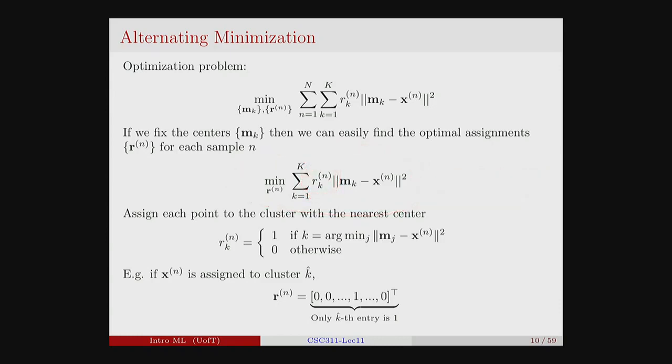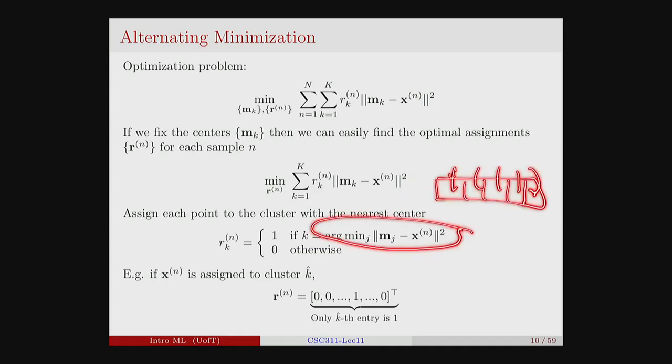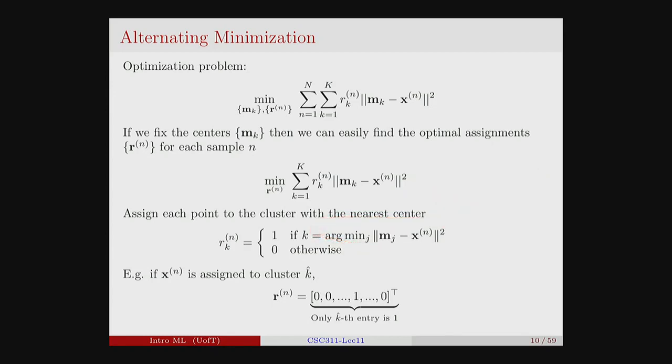So the way you would do that, because you know that the responsibility vector is a one-hot vector, the only thing you get to manipulate is where you put the 1. So where do you put the 1? What's the best way to put the 1 to minimize this cost function? It's to put the 1 in the location where the distance between x_n and m_k is as small as possible. So we're going to find the location k that minimizes the norm of m_j minus x_n squared, and we're going to do an arg min over j, so that's going to give us one of our clusters k hat.